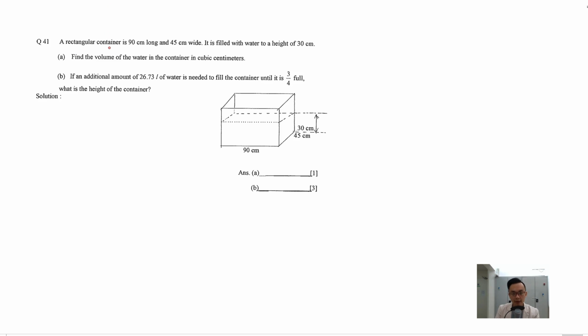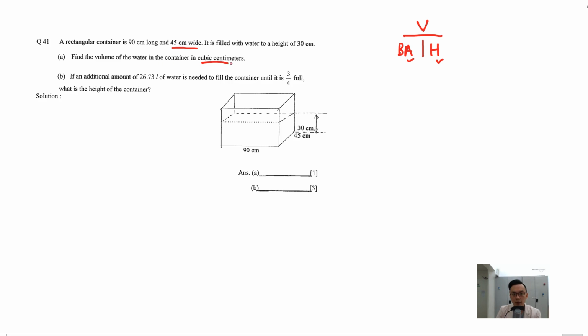Okay, let's look at this question. A rectangular container is 90 cm long and 45 cm wide, filled with water to 30 cm. So again, V, my favorite formula, base area times height. For this one, I've got base area, I've got height, so therefore I can find V, which is volume. So find the volume of the water in the container in cubic centimeters.